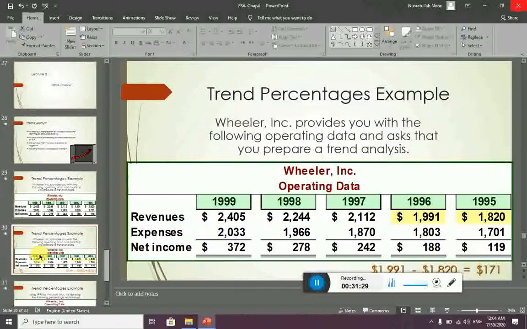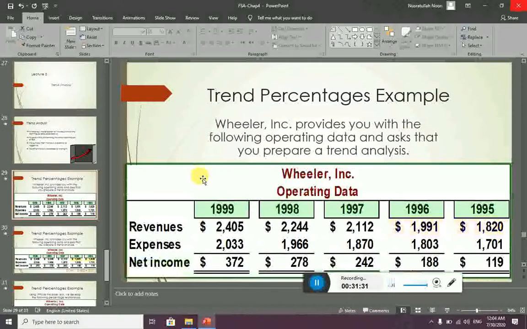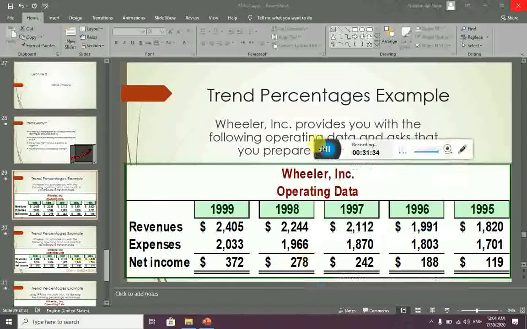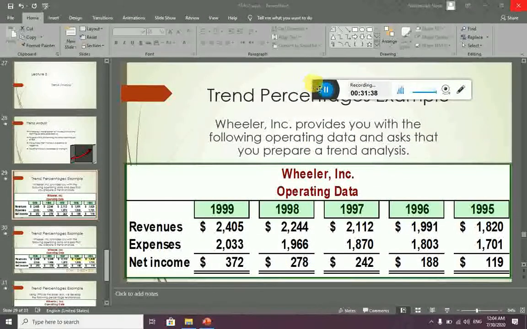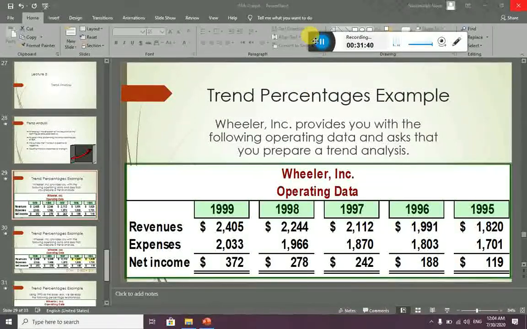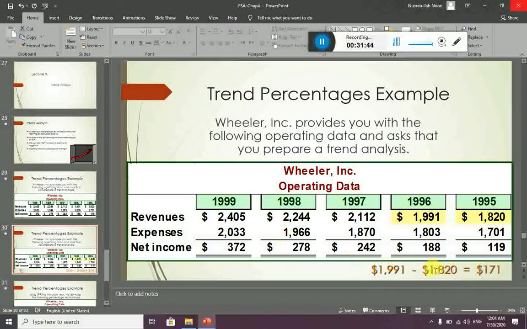And similarly, you can see here they have used a horizontal analysis, right?